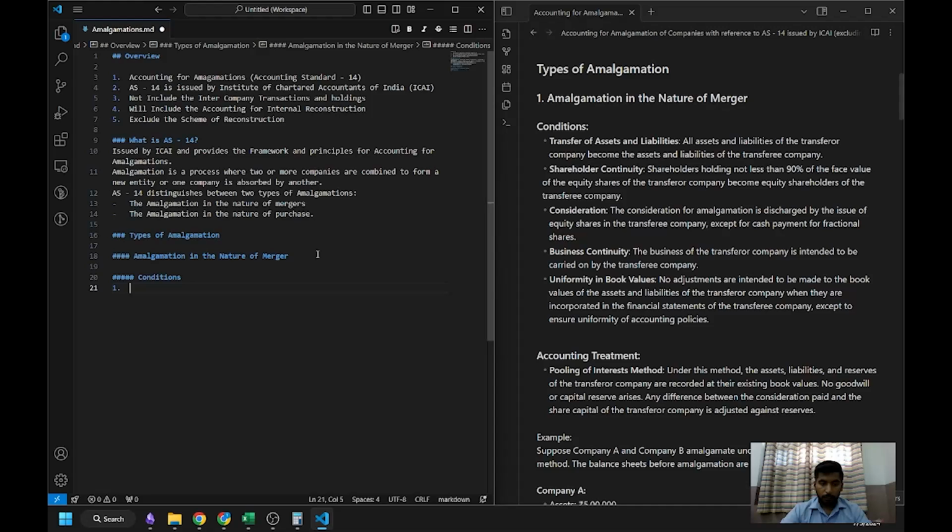Number one, transfer of assets and liabilities.